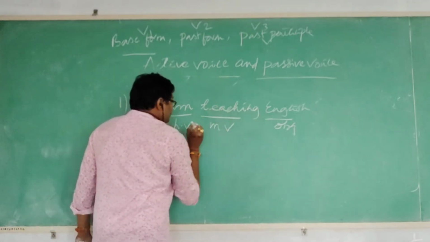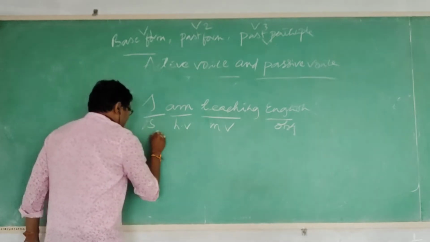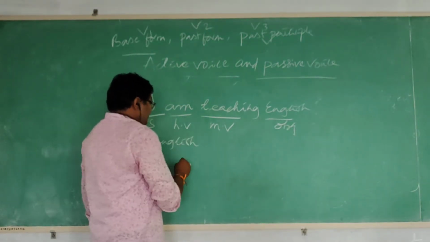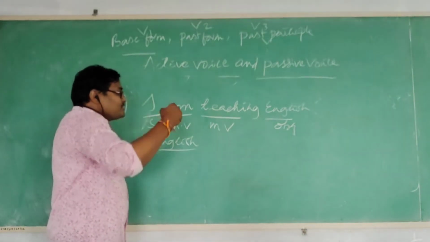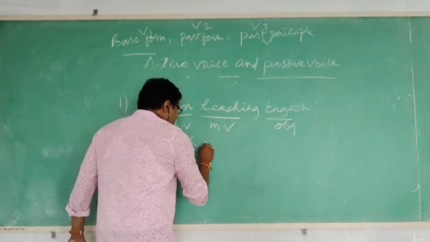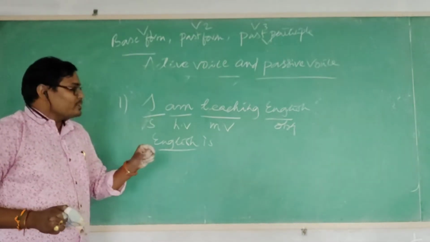English is object in active voice and it becomes subject in passive voice. So, English. Since English is a singular, and since it is in a present continuous tense, we have to use the helping verb is. Now you have to note one thing.